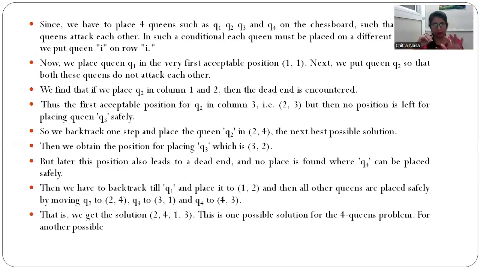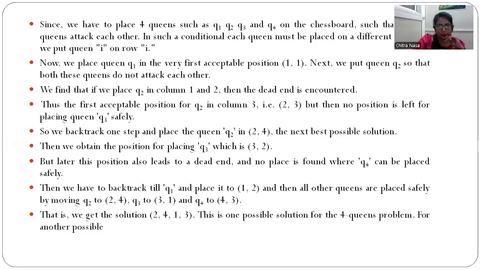You cannot directly start with the second row. The second queen has to be placed in the second row in any of the columns, either 2 1, 2 2, 2 3, or 2 4. If we are putting queen 3, it should be placed in the third row, in any of the four possible cells we have. Right? So this is the condition we have here.